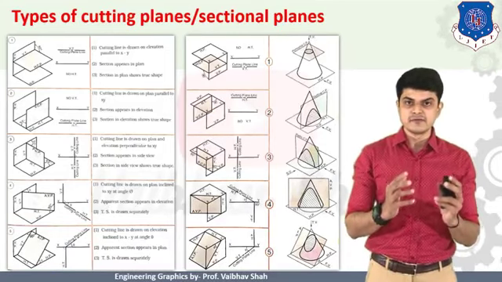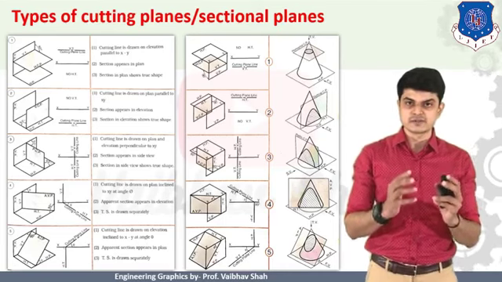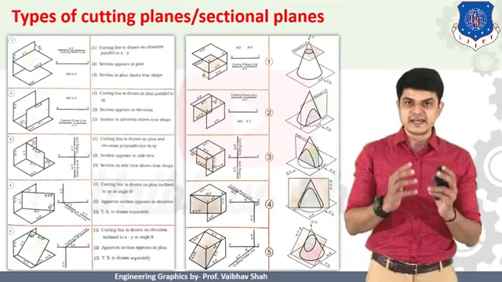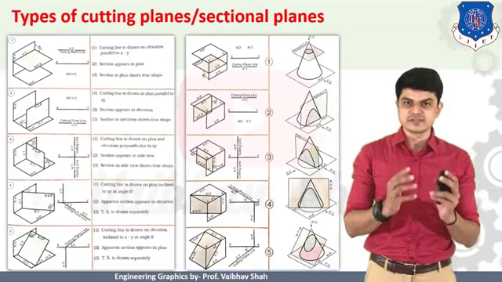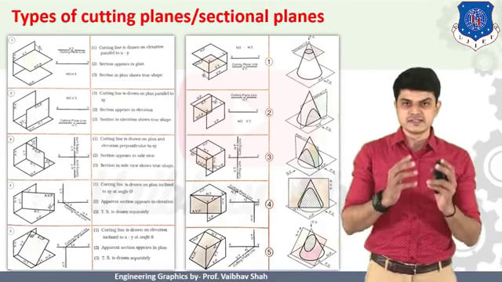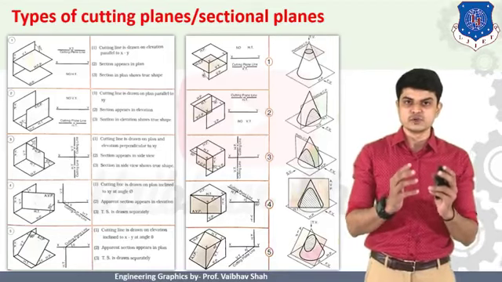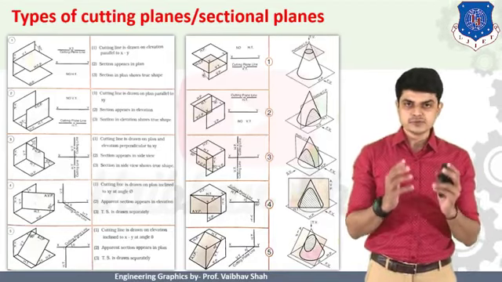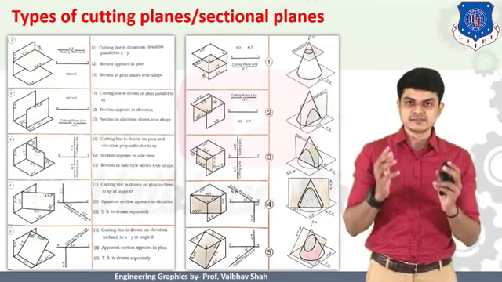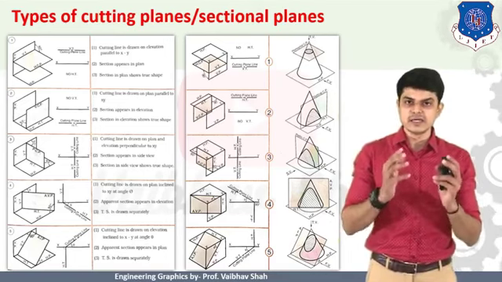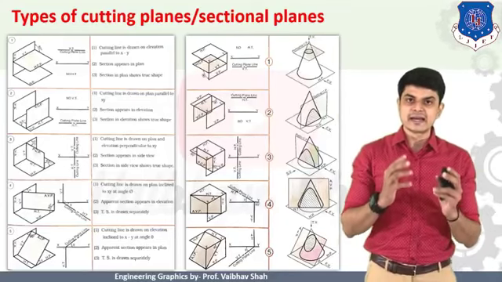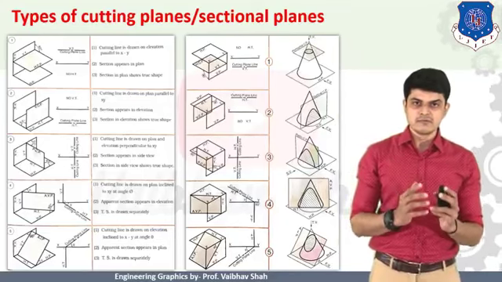But remember, we do not use the term auxiliary horizontal plane, because in practice it is assumed that whenever a plane is inclined to a surface and it is not stated which surface, it is always assumed to be inclined to your horizontal plane. So that is why this plane is known as the auxiliary inclined plane. Now, one more thing.